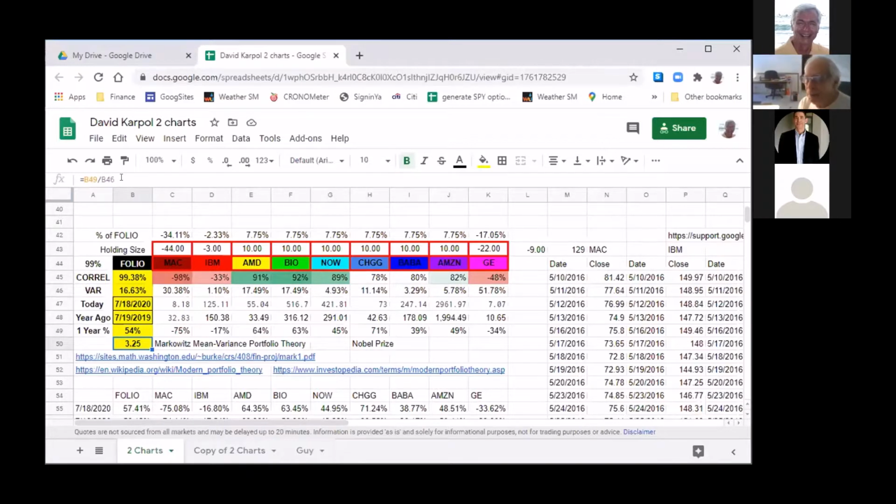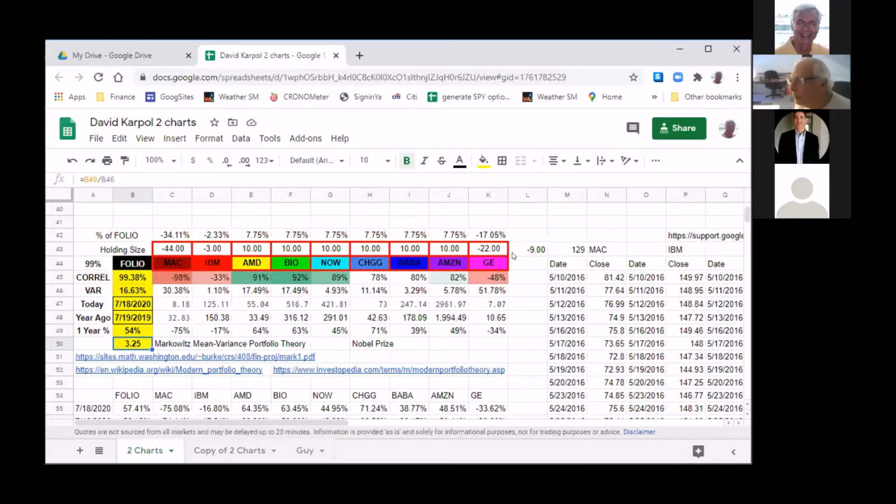So when you download this from the Excess Profits website, I actually played around with this quite a bit, and I've also modified it a little bit because David was mentioning that he's using more than 100% margin, 120% of his margin. And what I was trying to understand is, if you look at this holding size, and add up all these numbers, -44, -3, 10, etc., you end up with a -9.